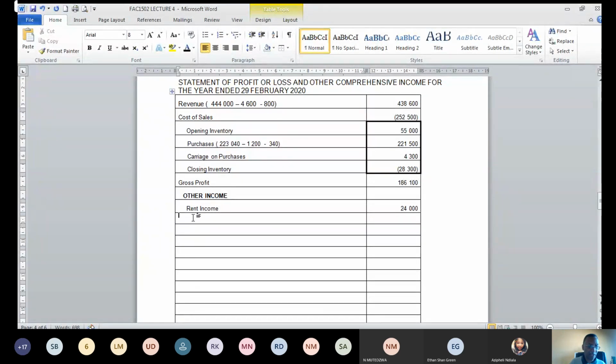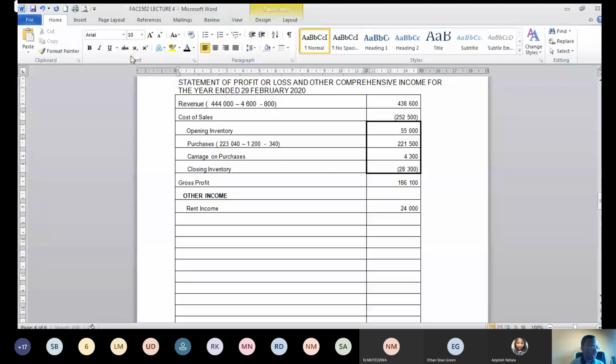And our next account that we have identified here as part of our income accounts was the account interest on fixed deposit. And our interest on fixed deposit amounted to 12,000 Rand.